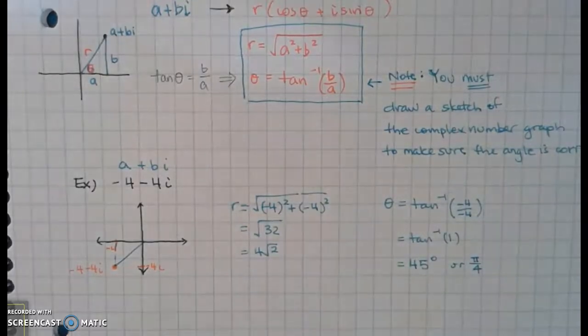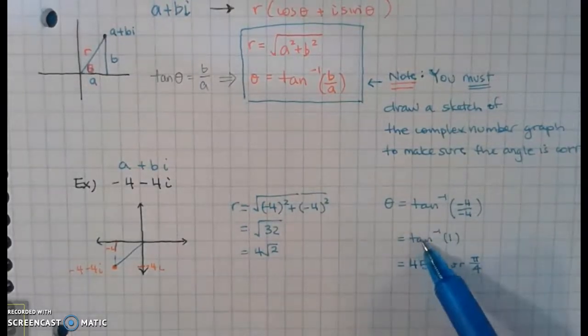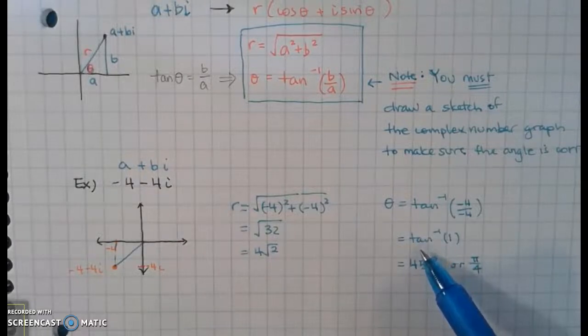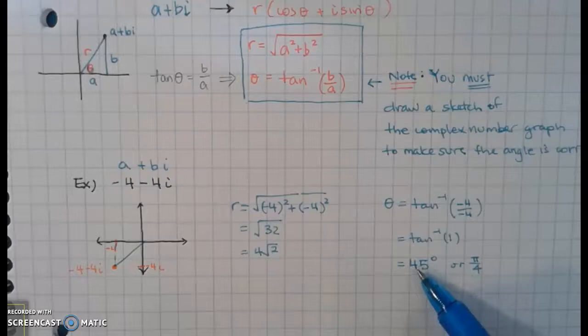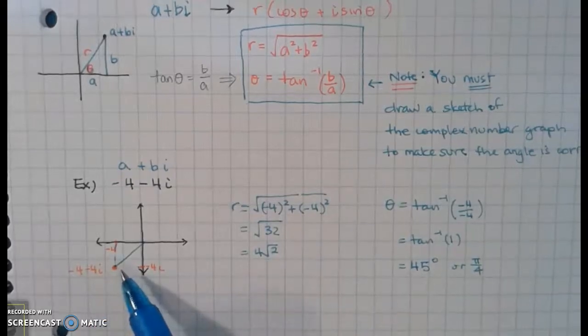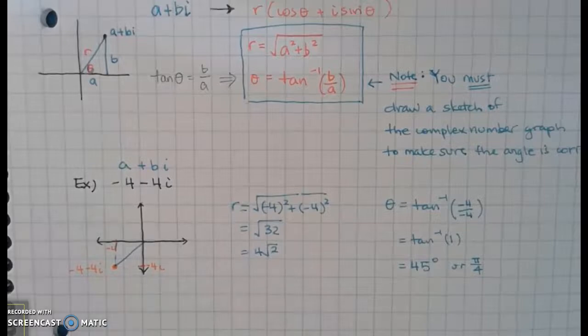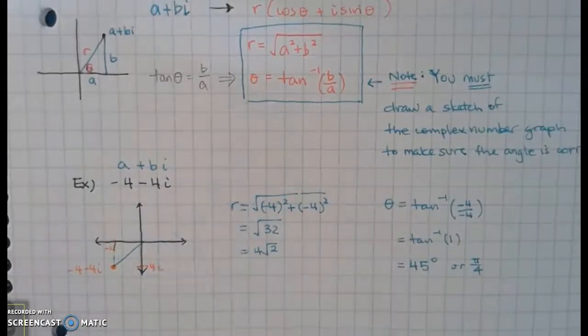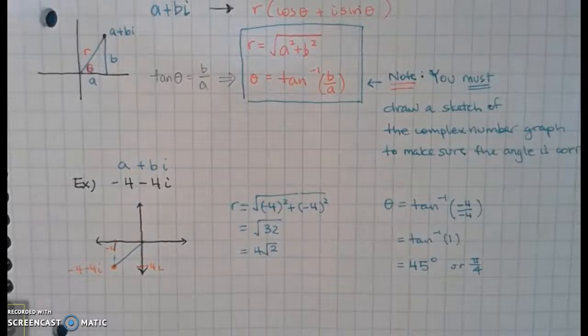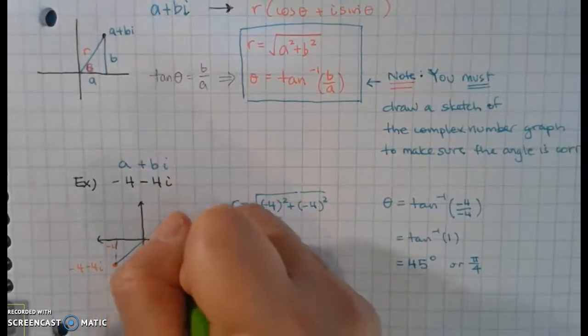However, are we dealing with first quadrant? You see, inverse tangent is defined for quadrant 1 and quadrant 4 only. And it's always going to give you a quadrant 1 or quadrant 4 value. It's not going to give you a quadrant 3 value, which is what we need, right? So we know that what the calculator gave me is this angle right there.